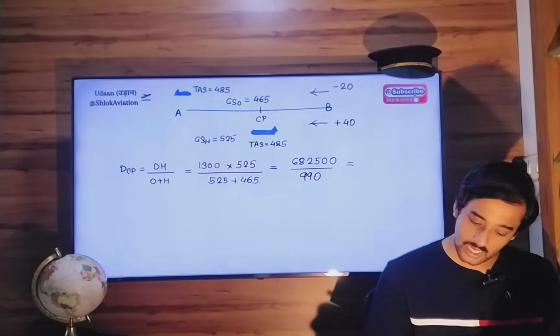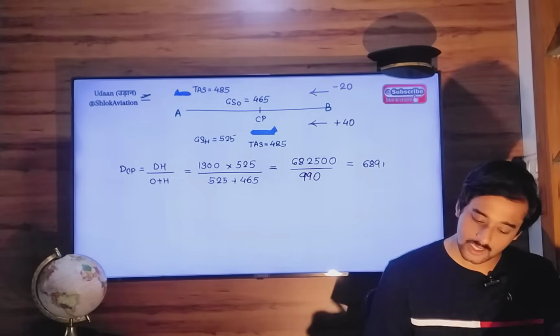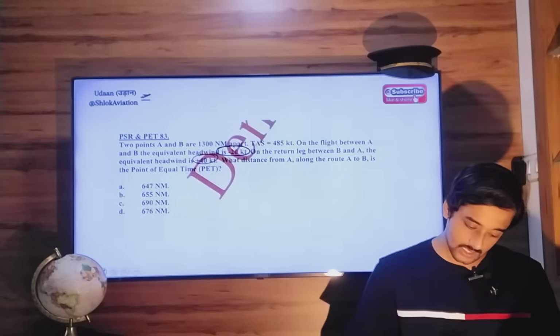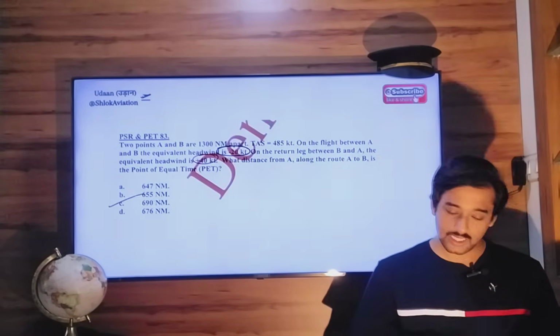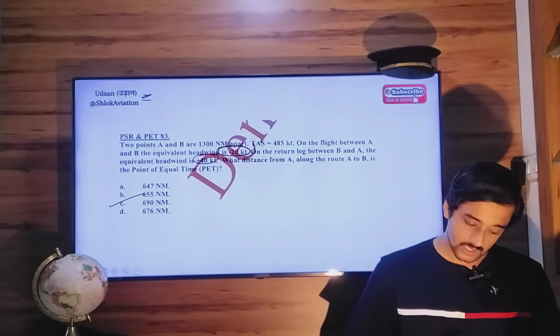That is 689 nautical miles. So distance to critical point is 689 or 690 nautical miles.